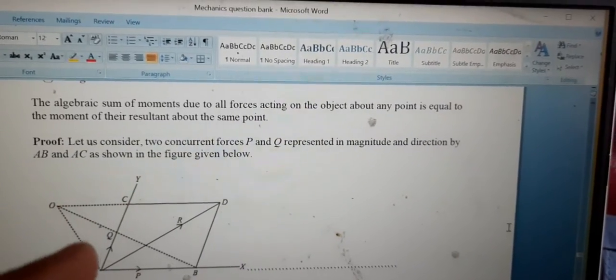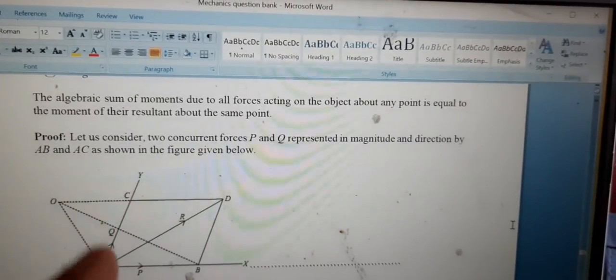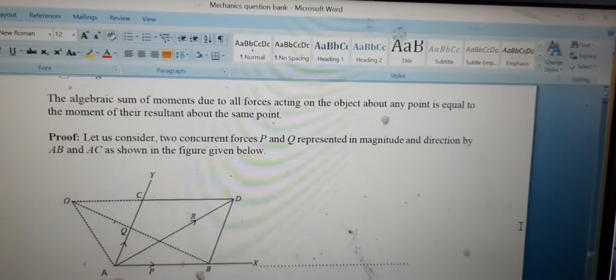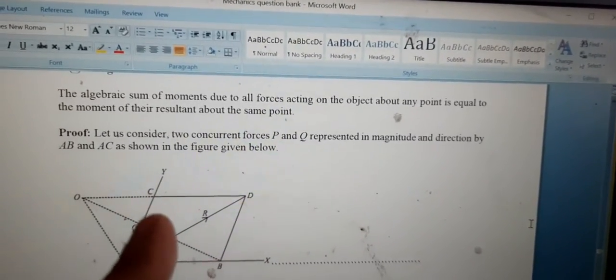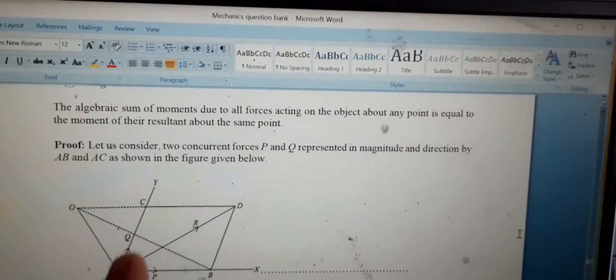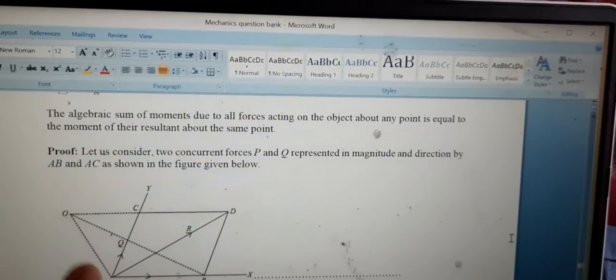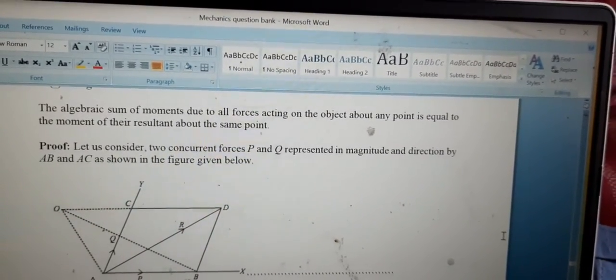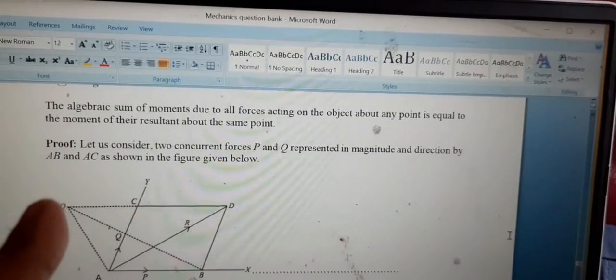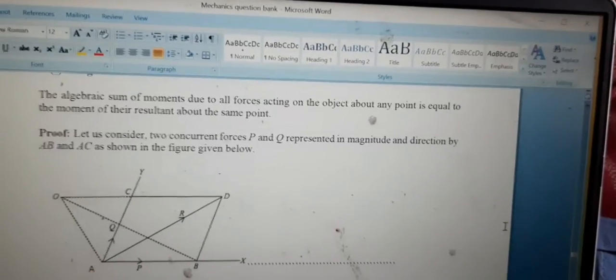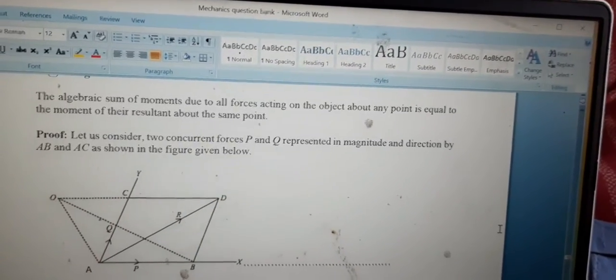Similarly for force Q, the base of the triangle is AC. So AOC represents the triangle. For force Q, the moment is twice the area of triangle AOC. For triangle AOC, O represents the point about which we are going to calculate the moment, that is the vertex of the triangle, and AC represents the base.